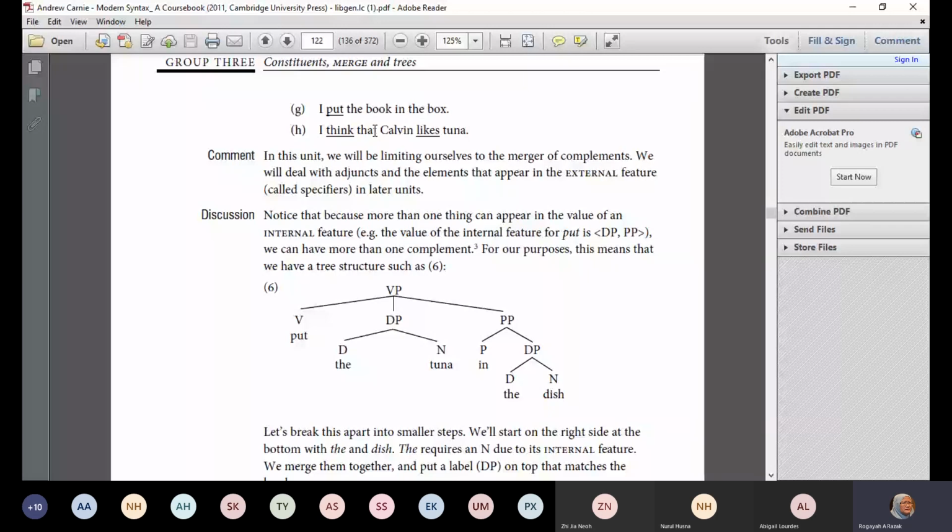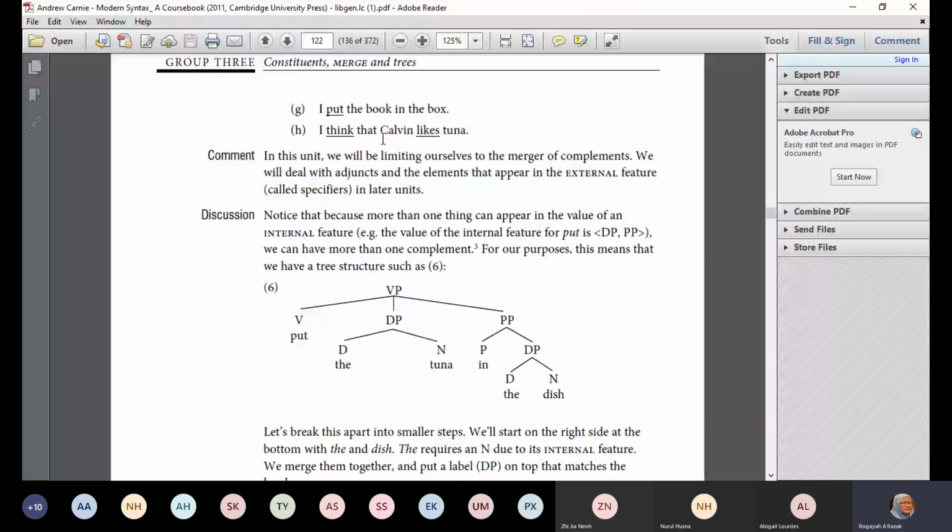I think that Kelvin likes tuna. In this instance, it's a bit different from before in that there's only one complement, and the one complement is actually a complex structure, a complement phrase. So don't be confused between complement and complement phrase.